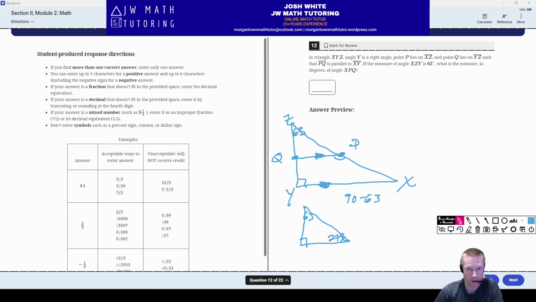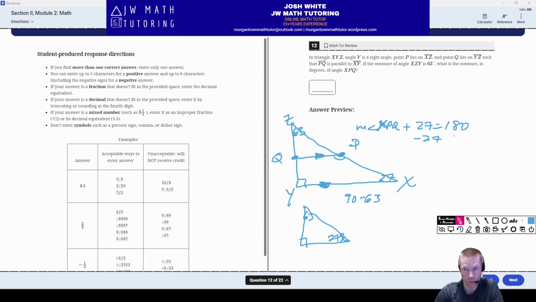All right, so now what we can do is you can basically notice that this is 27. Then the angle we're looking for is basically a same side interior angle with it, angle XPQ. So basically XPQ plus the 27 has to add up to 180.